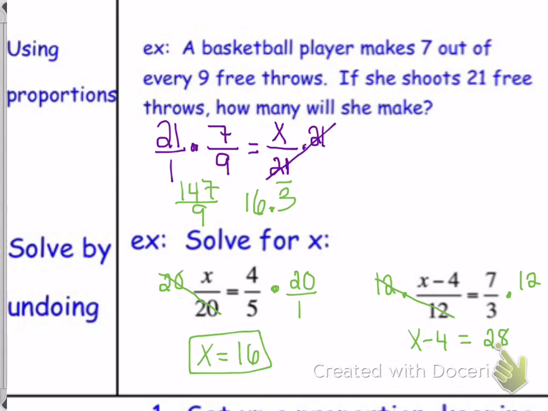Now it's just a simple one-step equation where I'm going to go ahead and add 4 to both sides, and therefore I get x to equal 32. Please pause this video to make sure that students get enough time to copy down all of the answers.